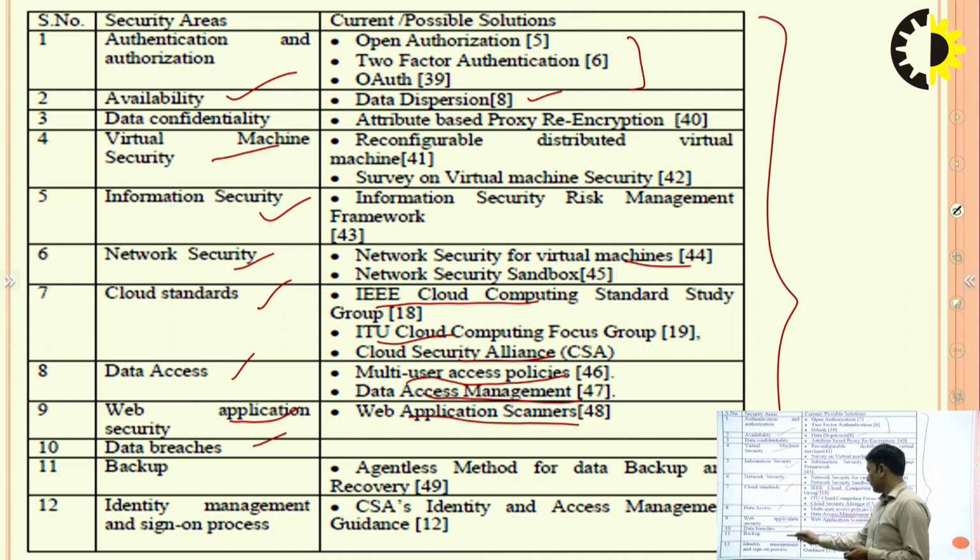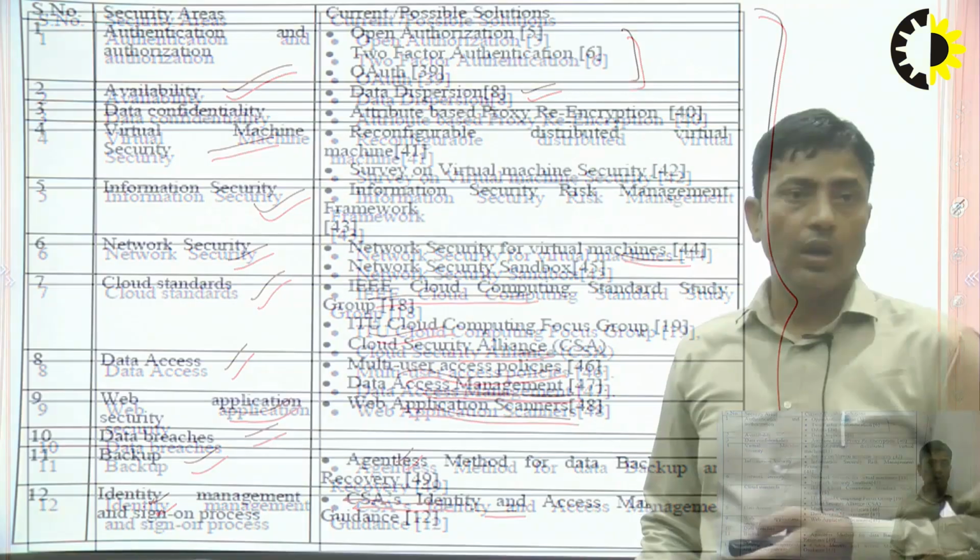Data breaches, then backup: for backup, there is an agentless method for data backup and recovery. This is a solution that is available. And the last one is identity management and the sign-on process, for which CSA's identity and access management guidance is also available.